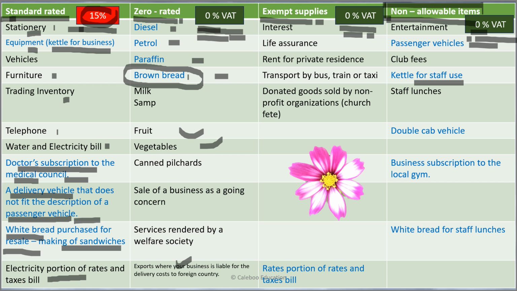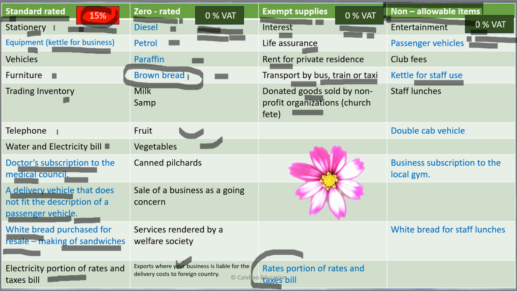Exempt supplies include interest, like interest on a fixed deposit, interest on a loan, life cover, life assurance, rent for a private residence, exempt as well, transport by bus, train or taxi, exempt from VAT, donated goods sold by non-profit organizations.